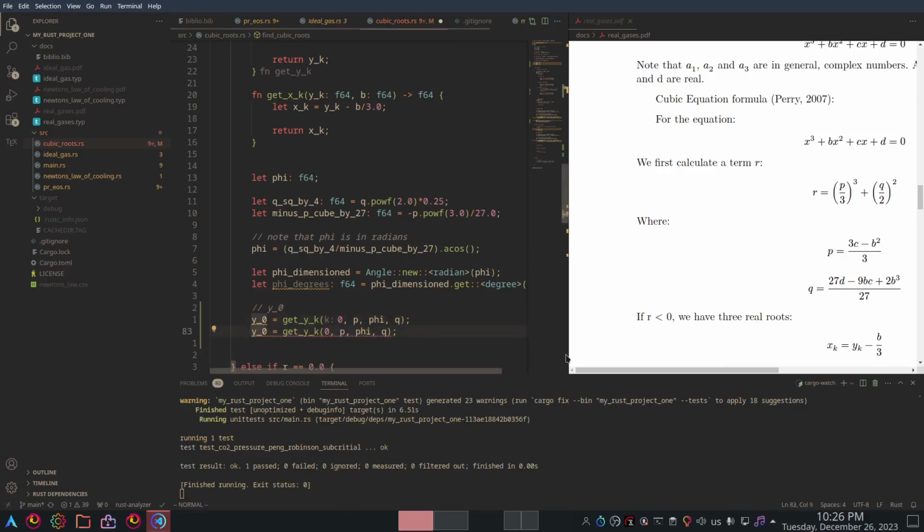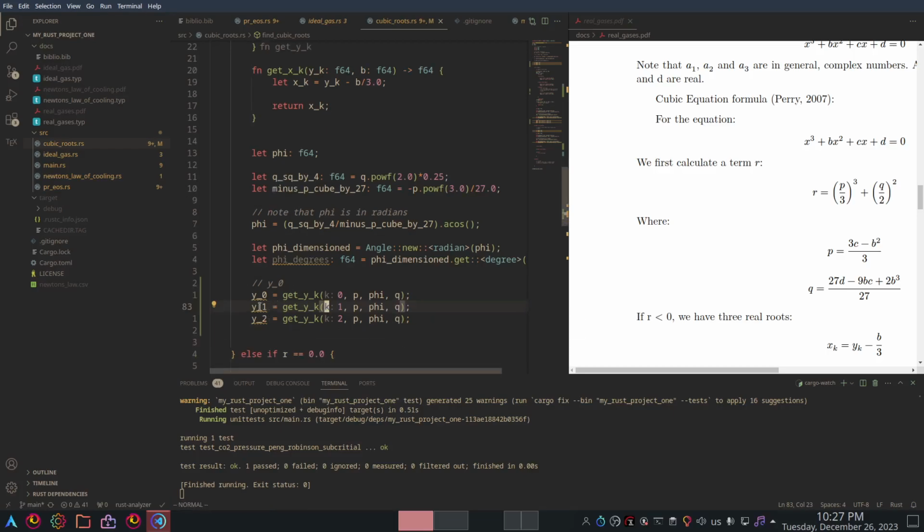So let's do y1 as well. So k here equals to 1. Okay, that's y1, and then I will have y2, where k equals to 2. So now I have y0, y1, and y2 for k equals to 0, 1, and 2. Okay, so let's see.